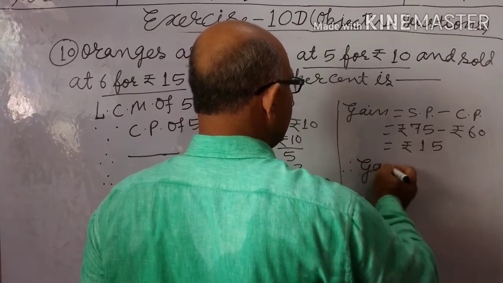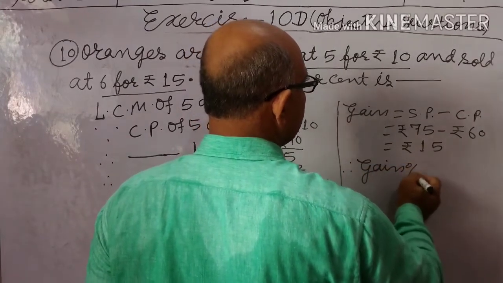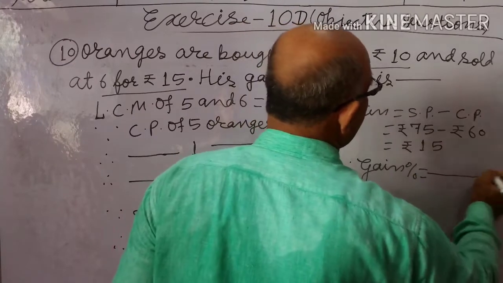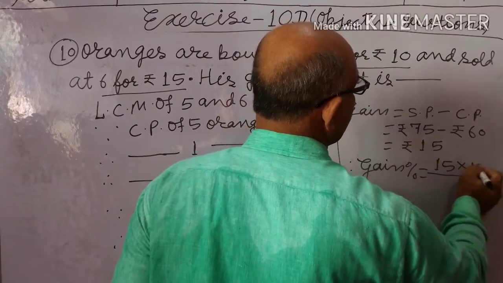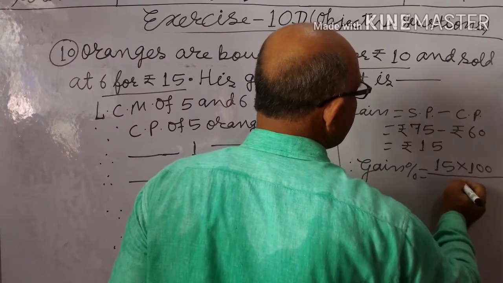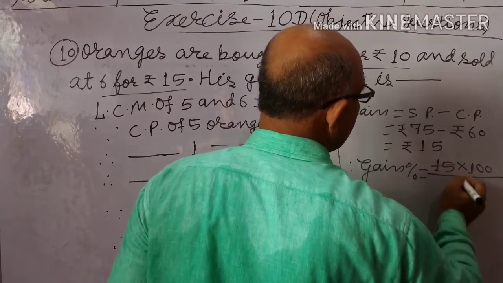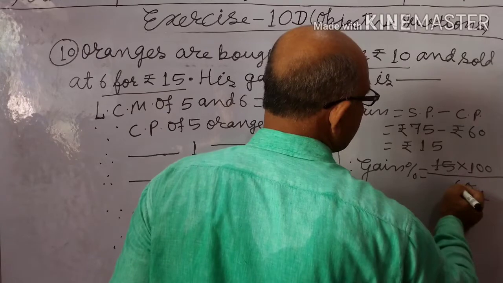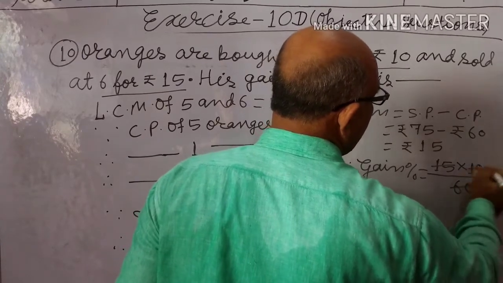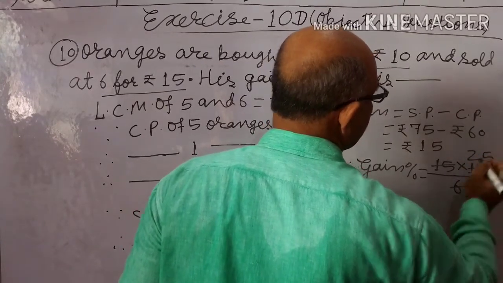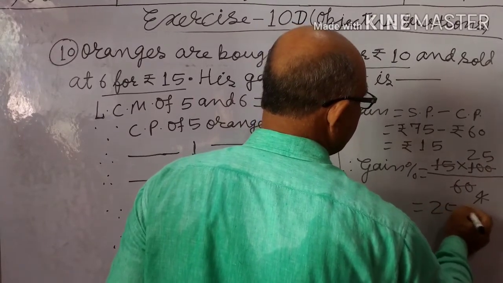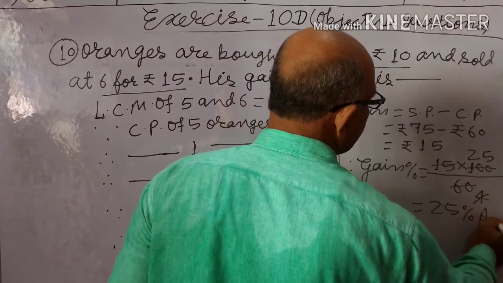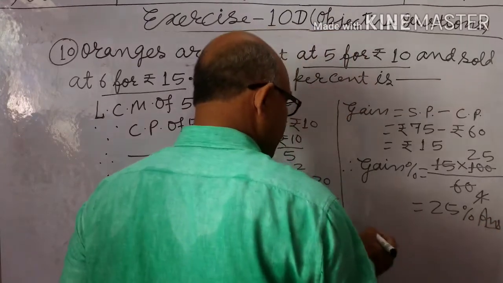Therefore gain percent, gain into 100 by CP. So 15 into 100 by CP equal to 60. 15 fours are 60 and 25 fours are 100, equal to 25%. Answer.